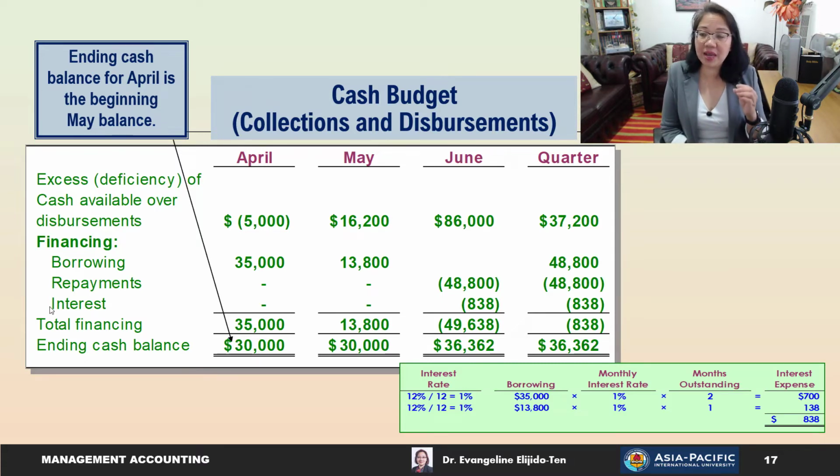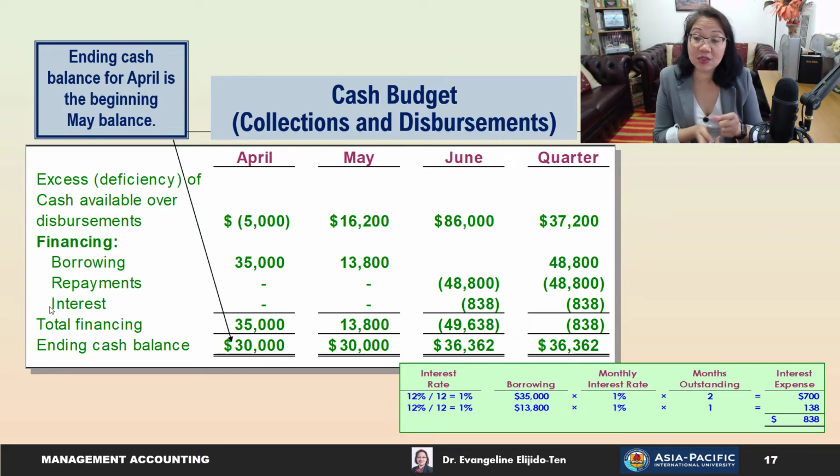So for the month of April, when they have to borrow $35,000 at 1% interest, that would actually be multiplied by 2 months because they have borrowed it from April and also in May. Only at the end of June are they able to have enough cash. So 35,000 times 1% times 2 months equals $700.